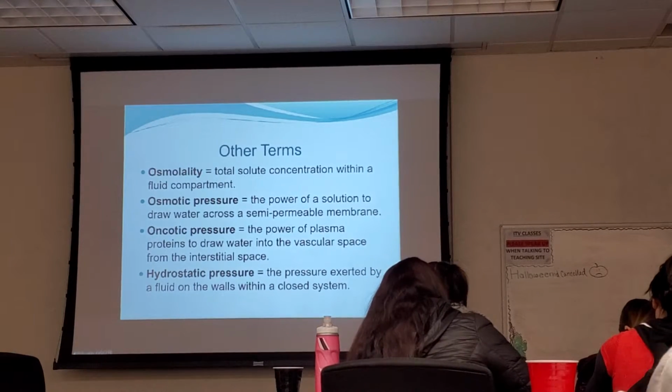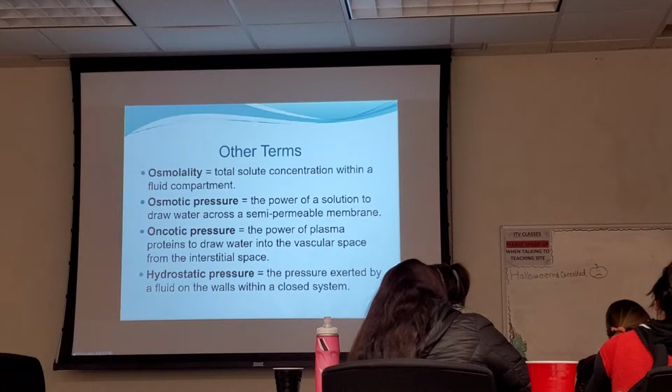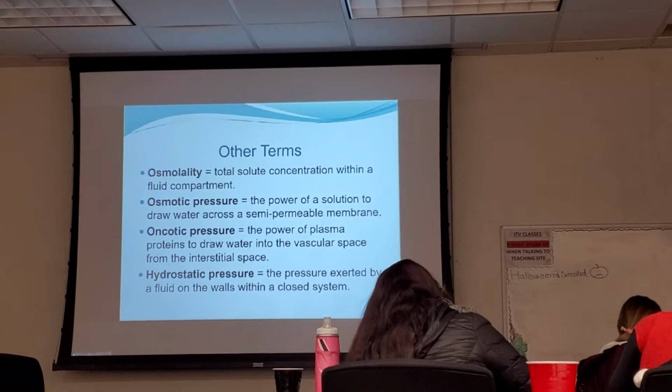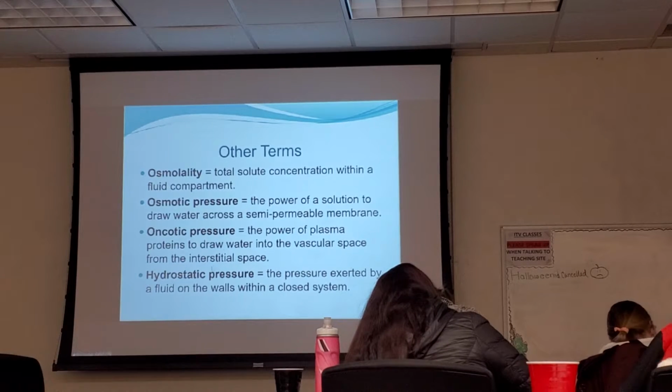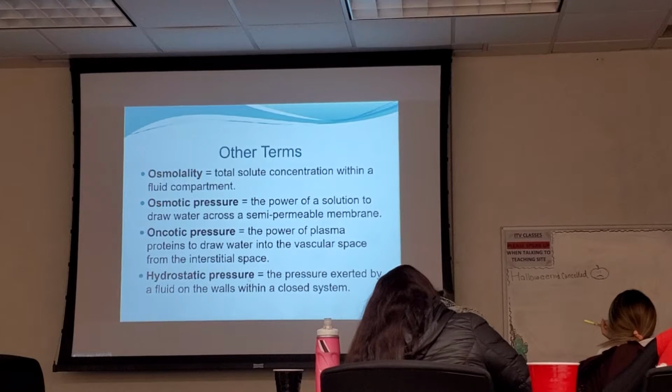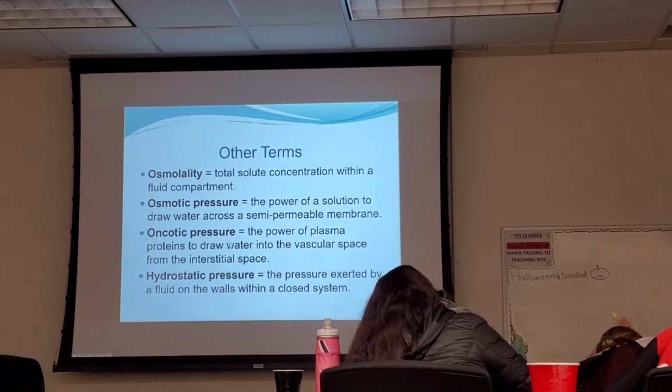So these two pressures, osmotic and oncotic, work in opposition to this to keep the fluid balanced within our blood vessels. If our hydrostatic pressure is too great, then the fluid will not stay in the blood vessels, it will be forced out into those tissues. If either of these are too low, the same thing occurs.